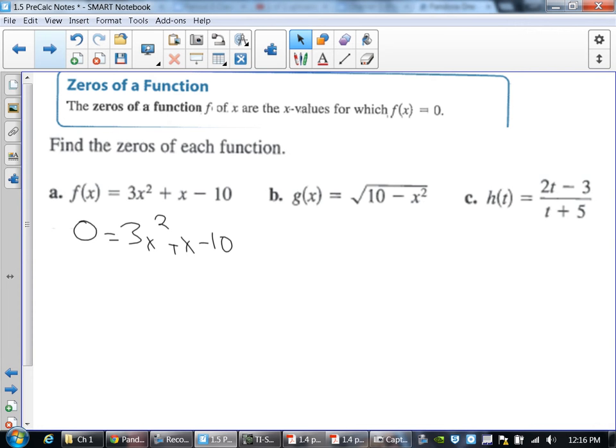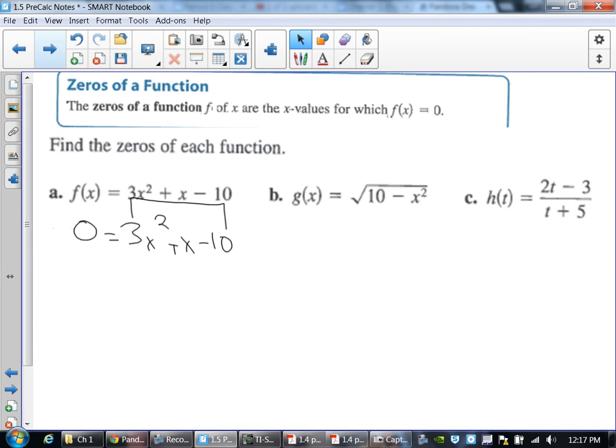I always factor these by what's called split middle term, or factor by grouping. What I'm doing here is taking the first term times the last. What's 3 times 10? 30. What times what is negative 30, but I add it together to get positive 1? Which one's positive, which one's negative? Very good.